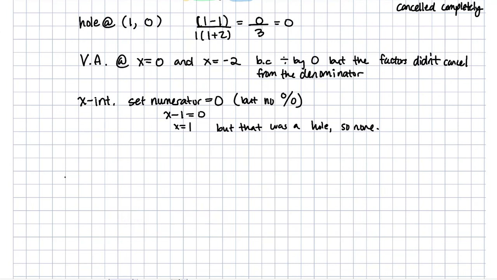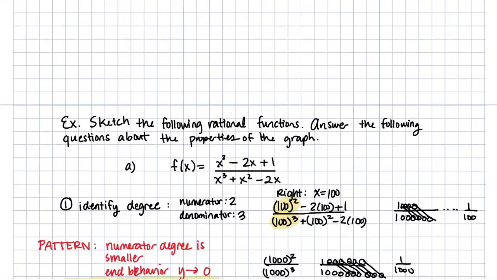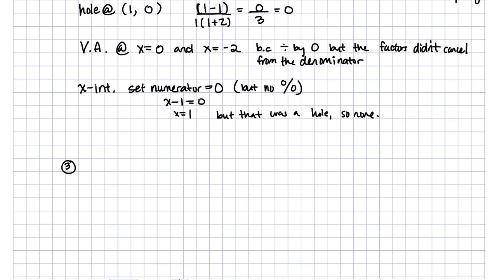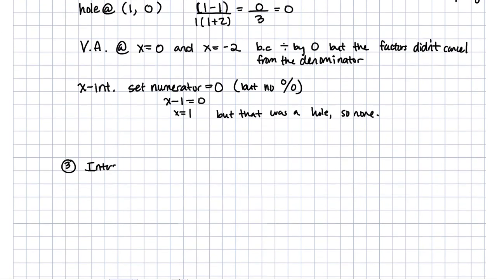Okay. And then let's take a look at our next step. Yes, we're going to check and see, do we intersect our horizontal asymptote? When I look at my horizontal asymptote, we figured out based on the leading terms that it was going to be at y equals 0.